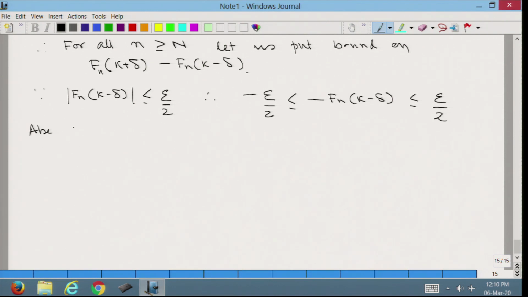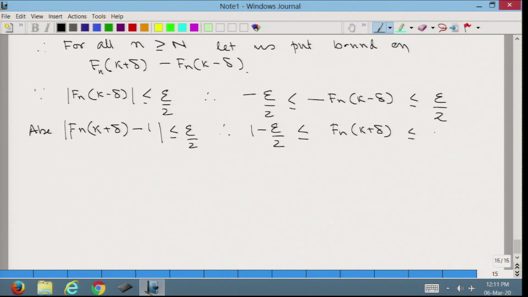Also, |f_n(k + δ) − 1| ≤ ε/2, therefore 1 − ε/2 ≤ f_n(k + δ) ≤ 1 + ε/2.